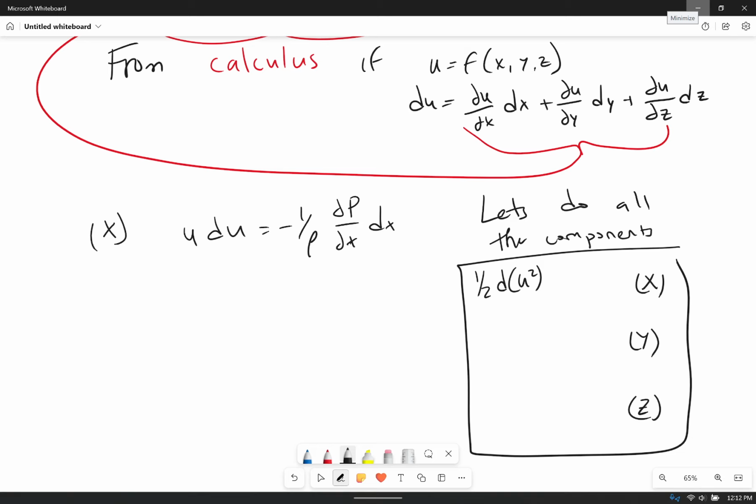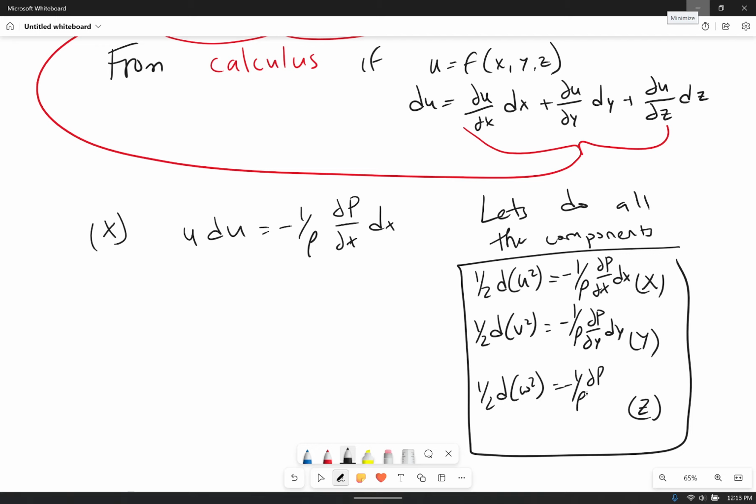And that's going to be equal to negative 1 over rho del p del x dx. I do that for all of them. So now it's 1/2 dv squared is equal to negative 1 over rho del p del y dy, and 1/2 dw squared is equal to negative 1 over rho del p del z dz. That looks good. I got them all.